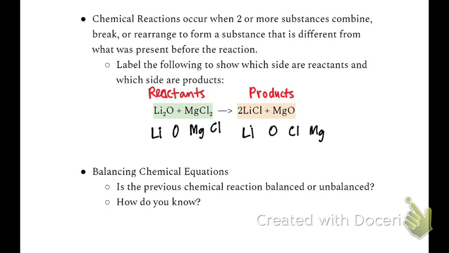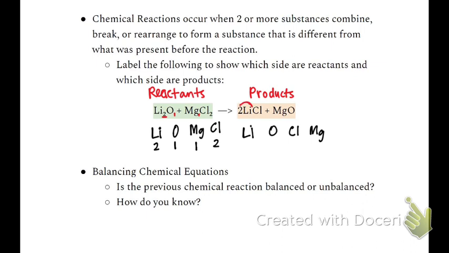We have to pay attention to the subscripts and the coefficients. So on the left for our reactants, how many lithiums do we have? 2. How many oxygens? 1. Just 1. Magnesium, just 1. These are invisible ones. And then chlorine is a 2. It matches.